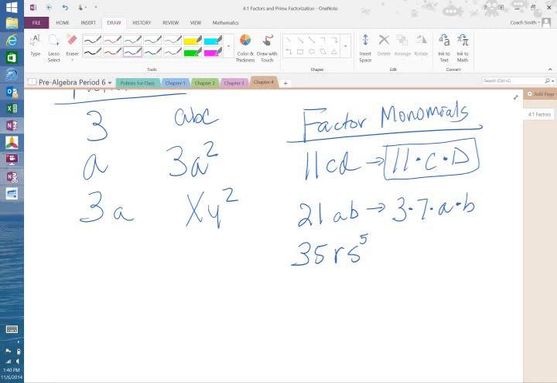Wait, so you're basically doing prime factorization to the number and then adding A times B at the end? You're not adding A times B, you're just spreading them out.